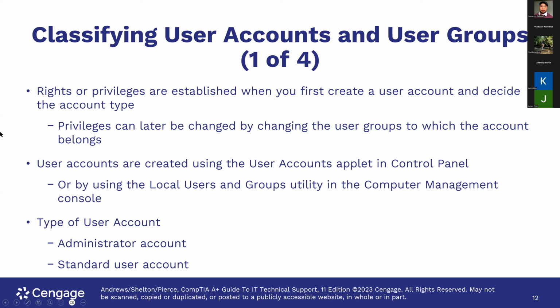We can't just make everyone admin of the computer system. That's just really, really bad practice. They can be changed later on, obviously. User accounts are created using the user accounts applet in the control panel. We also have the local users and groups utility and the computer management console. So pretty straightforward stuff.